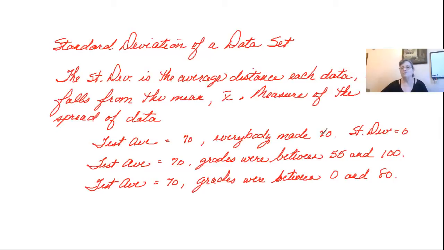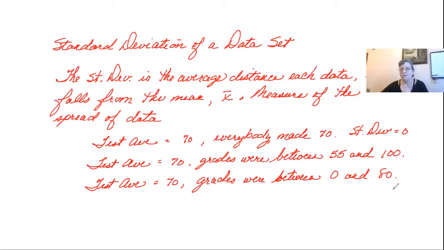Okay, the first one would be pretty unusual. The second one, the grades are between 55 and 100. That's probably not uncommon at all, and I wouldn't feel too bad about that one. If the test average is 70, but the grades are all between 0 and 80, and you could do that.